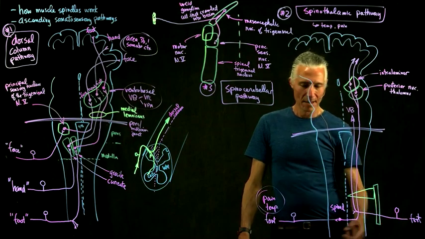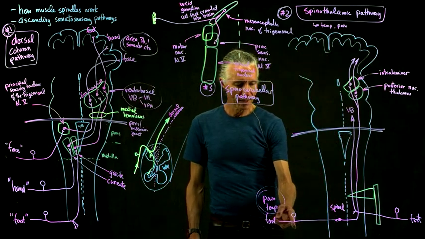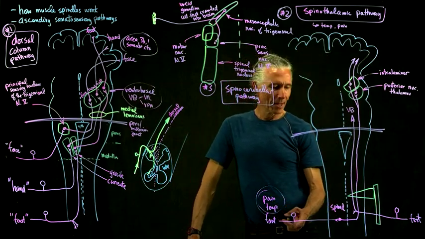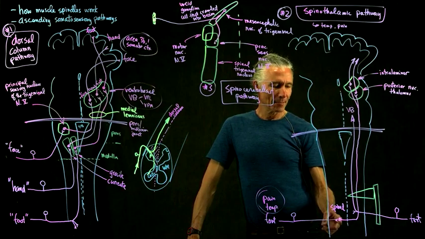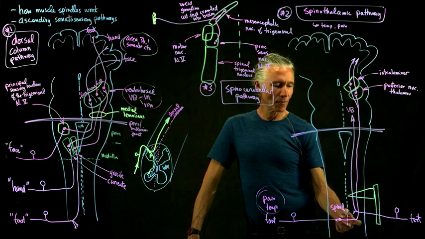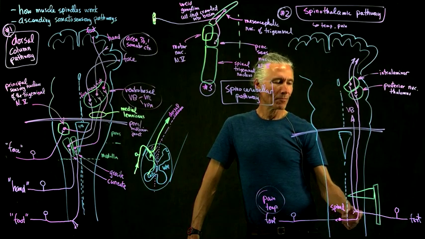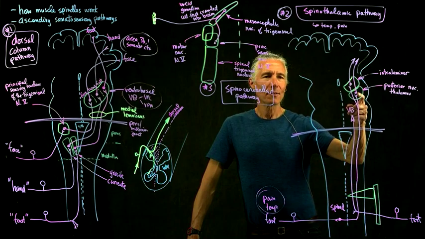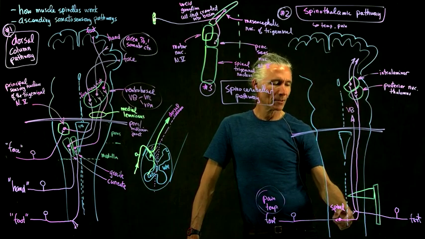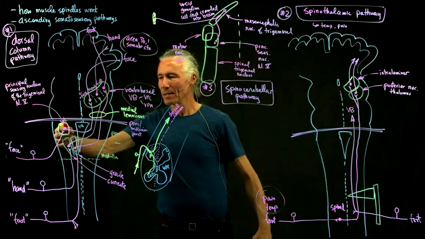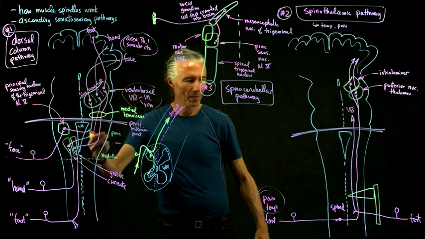information. But this other pathway, this other spinothalamic pathway, is coming in. It synapses on a cell in the left spinal cord, but then the left spinal cord cell crosses over instantly and then runs all the way up to the thalamus. So the crossover occurs down here instead of way up here.